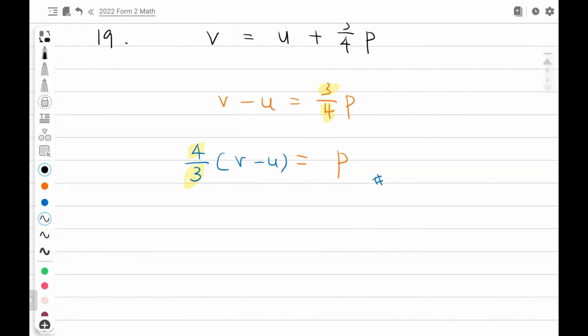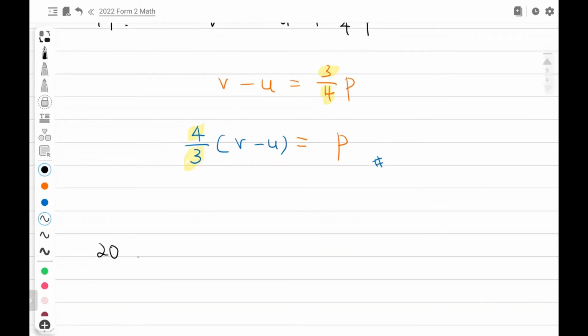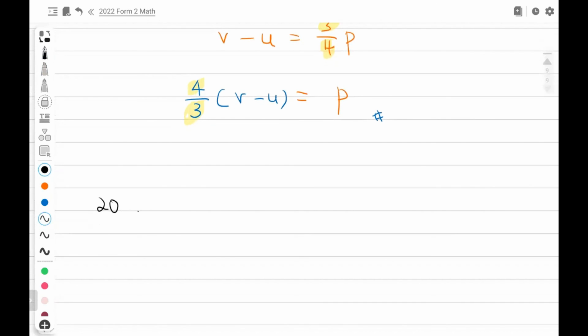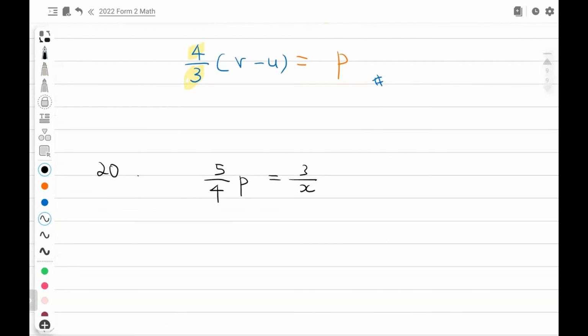One more example, 20 already. Okay, what about 5/4 p equal to 3/x? So p equal to what?